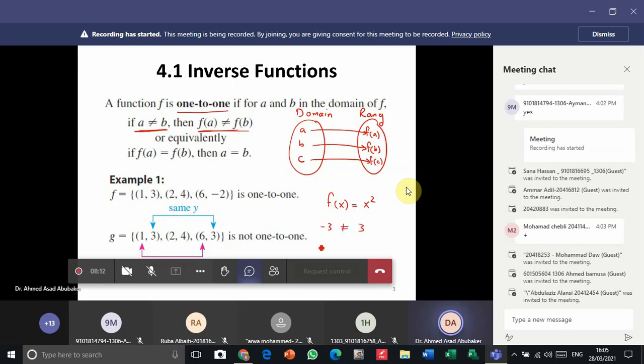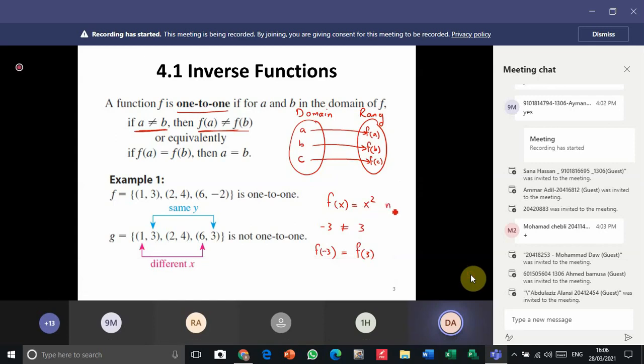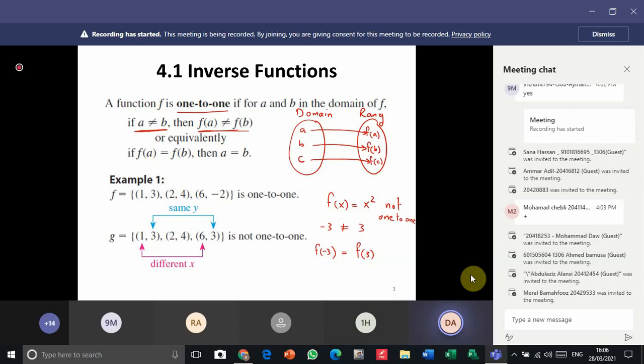They are not equal, but f(-3) is equal to f(3). Both equal 9. So this is not one-to-one. Why? Because there are two different values of x with the same value of f of x. -3 is not equal to 3, but f(-3) equals 9 and f(3) equals 9. So f of x equals x squared is not one-to-one.